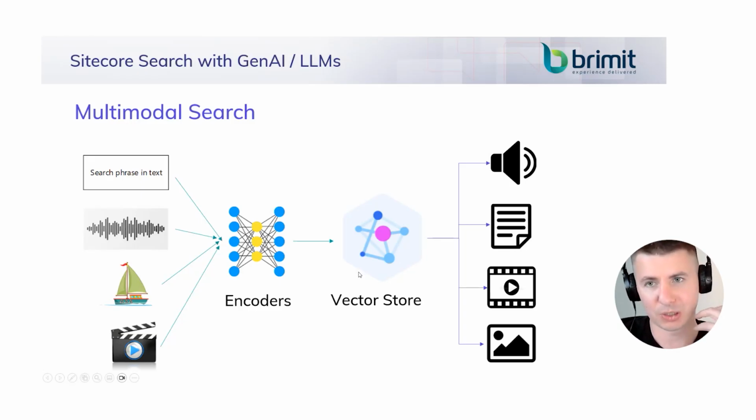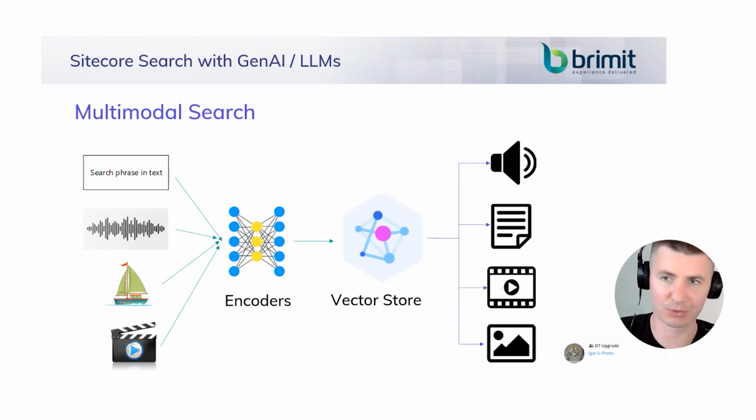Machine learning models can capture the conceptual meaning of any type of data, even across different formats. So in simple words, we can compare audio to image, video to text, etc. And the really cool part about this is that it allows us, as I said, to perform any-to-any search.